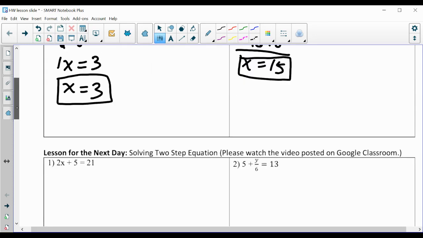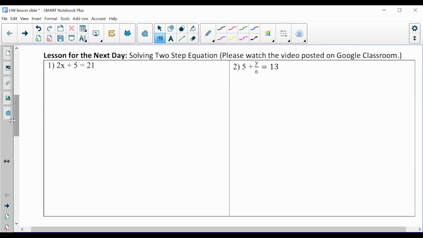So now let's try getting a little bit harder. That's a lesson for the next day: solving two-step equations. You see number 1, which is 2x plus 5 equal to 21. Here I always say that there's a couple. We have 2x as a couple. You don't want to move it.